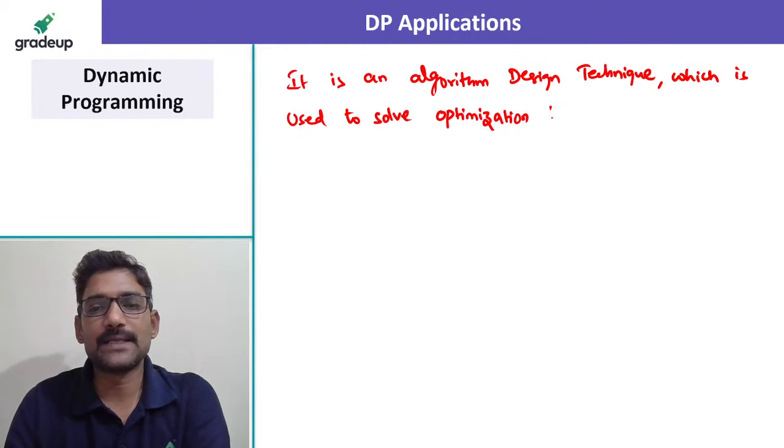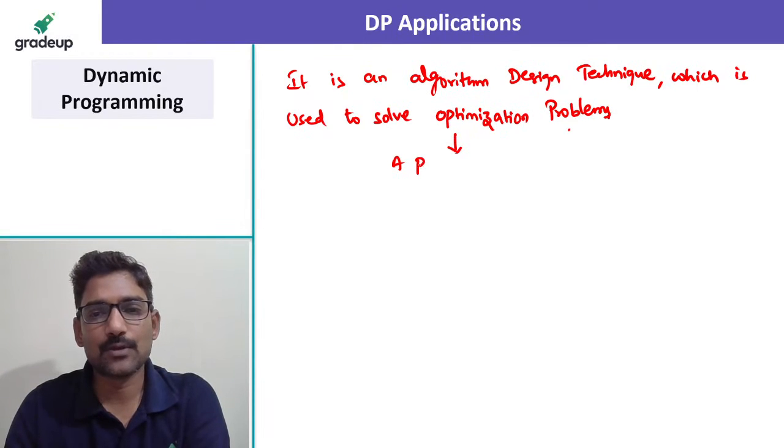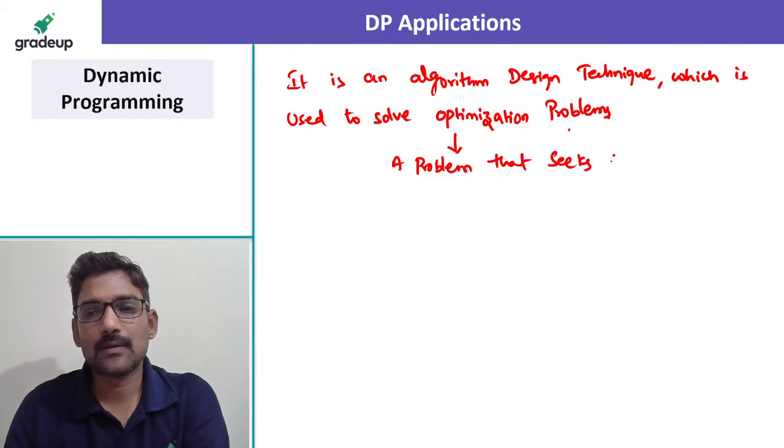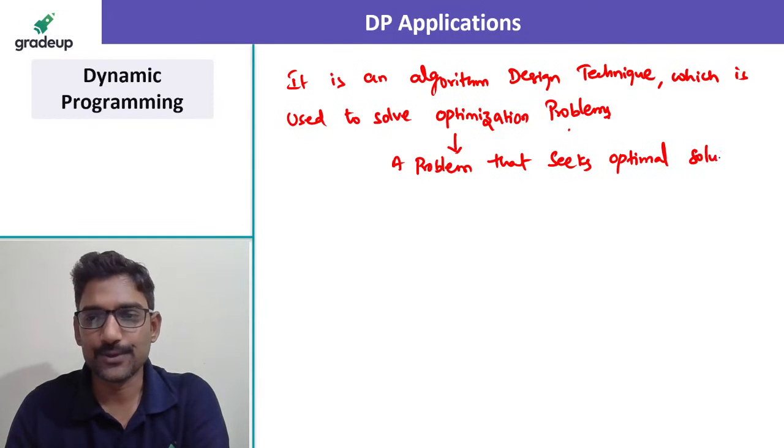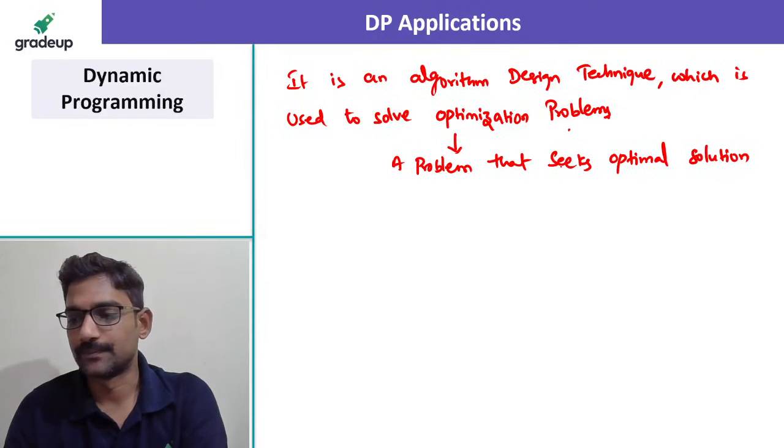What are optimization problems? A problem that seeks an optimal solution we can call an optimization problem.